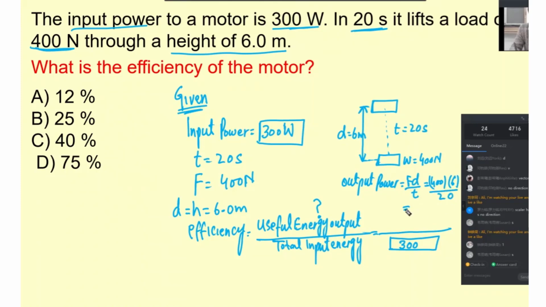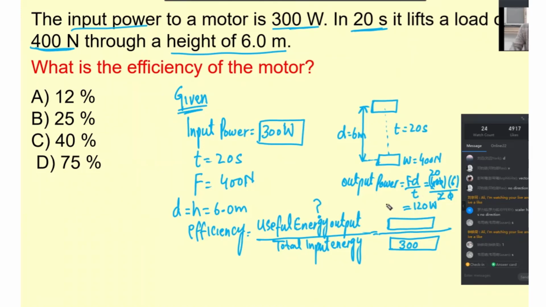Now you need to simplify this one. So this 0 you can cancel with 0, and 40 divided by 2 is 20, and 20 times 6 will be equal to 120 watts. So here we need to write down useful power output.